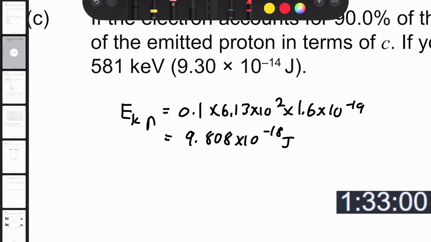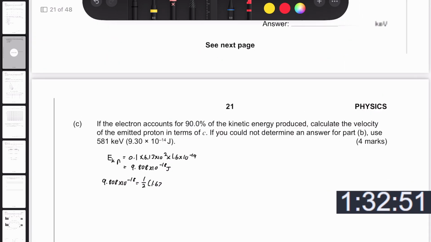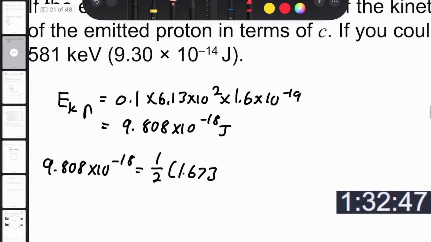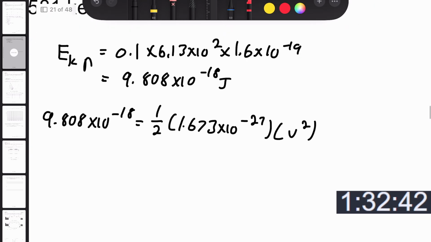So then 9.808 times 10 to the negative 18 will be half of 1.673 times 10 to the negative 27 times v squared.